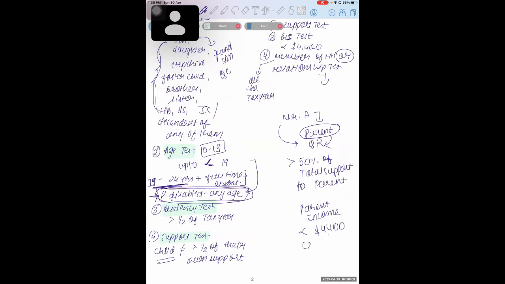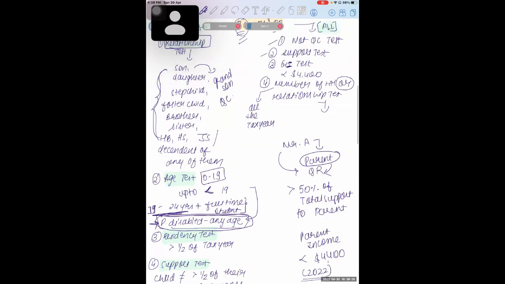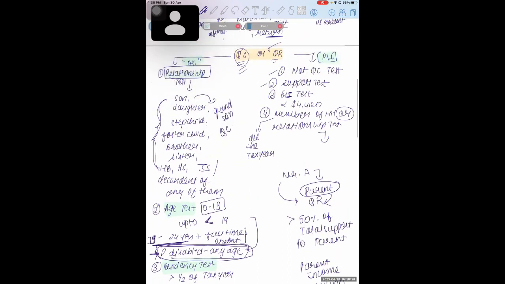This is our latest 2022 limit. In 2021 it was different, and I don't want to teach you the 2021 limits. Right now in 2022, you need to remember that if the gross income of the parent is up to 4,400, only then can you claim them as a qualifying relative.